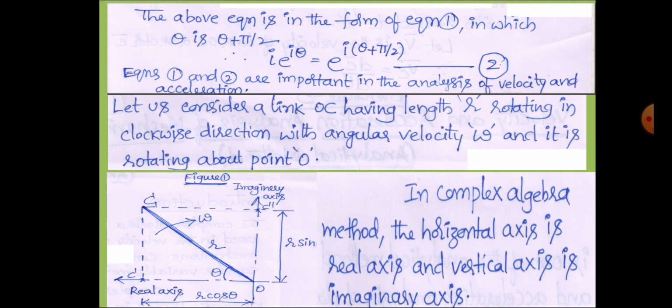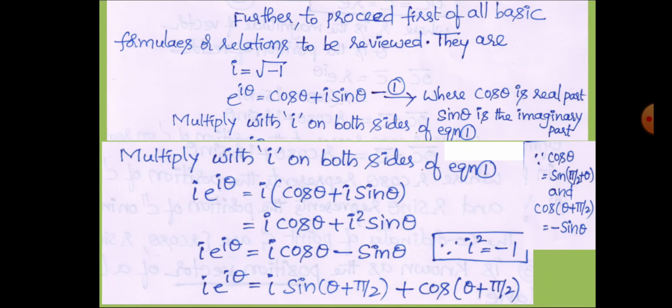e power i of, instead of theta, theta plus pi by 2, because you know that e power i theta is equal to cos theta plus i sin theta. That is our equation 1. After multiplying both sides with i and further simplifying, I got at the end i e power i theta is equal to i sin of theta plus pi by 2 plus cos of theta plus pi by 2.